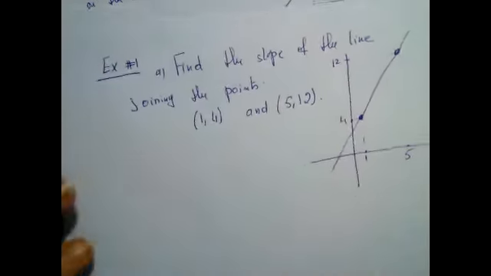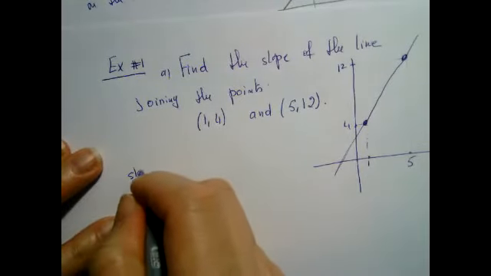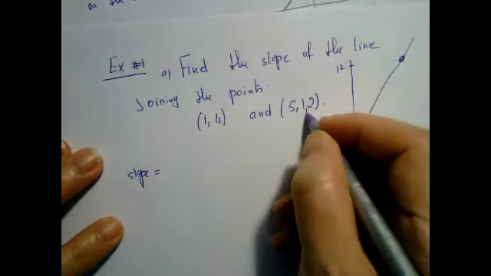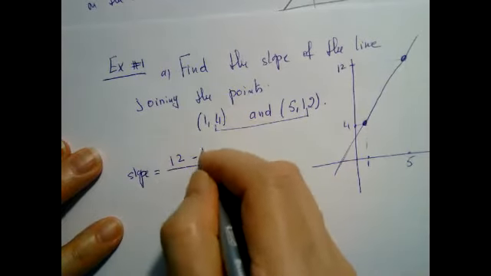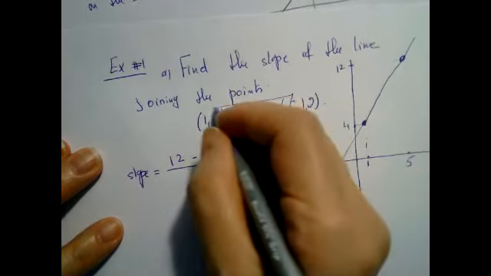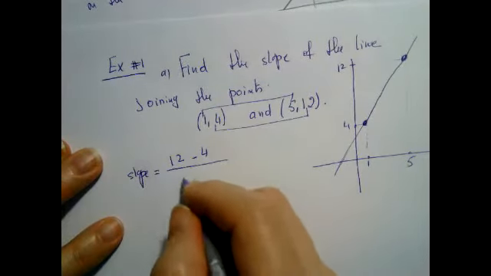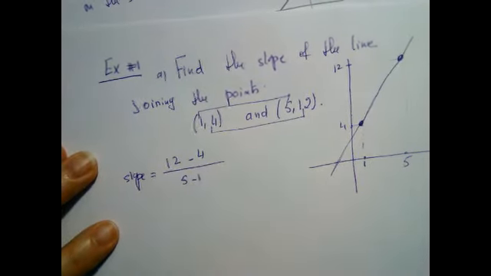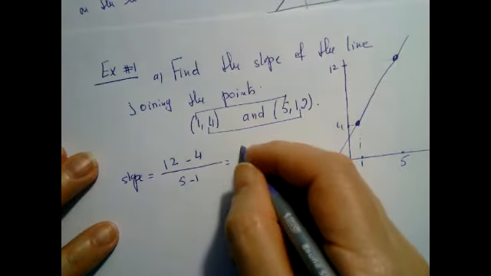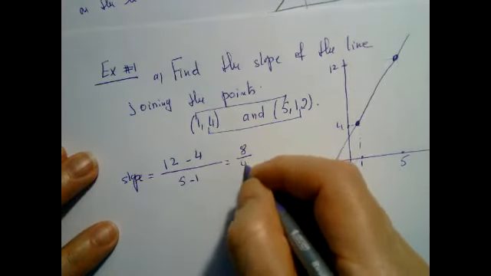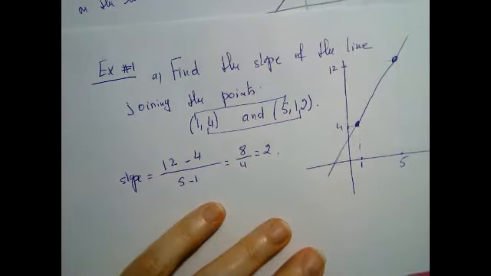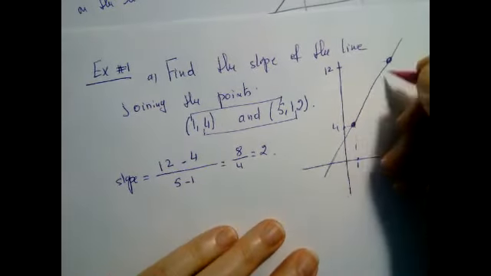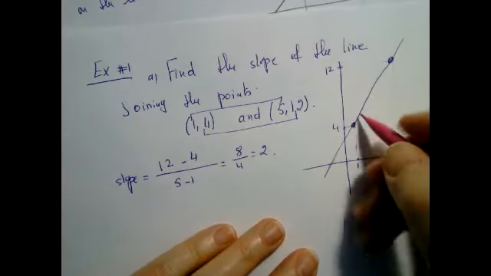All right, so the slope is pure and simple. The slope is the change in y, 12 minus 4, divided by the change in x, 5 minus 1. That gives me 8 over 4, nice numbers, which is equal to 2. Very simple. On the graph, I need to go from this point to that point.